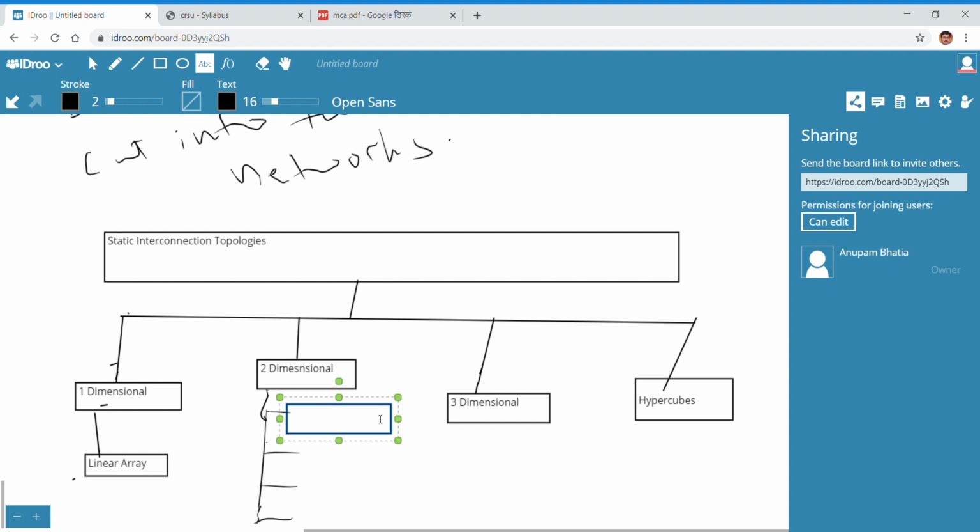First is the ring topology. Second one is the star topology.